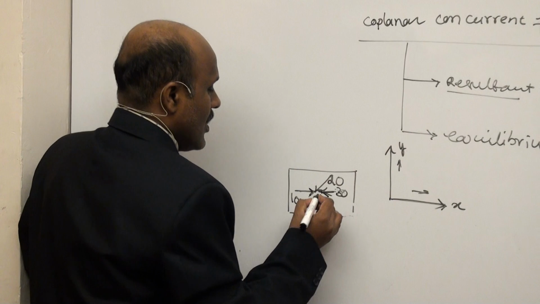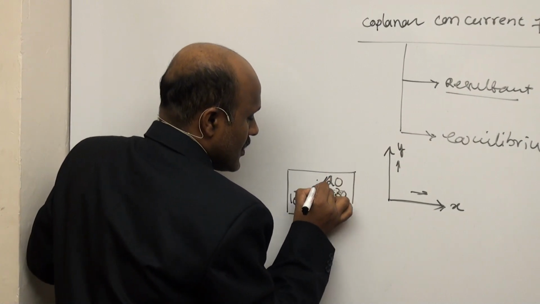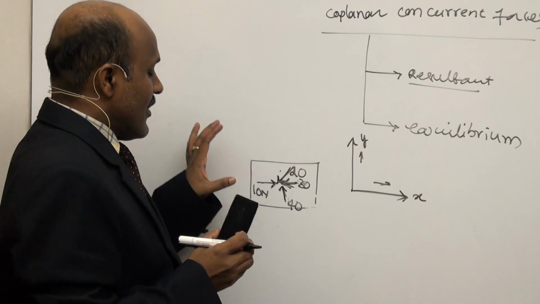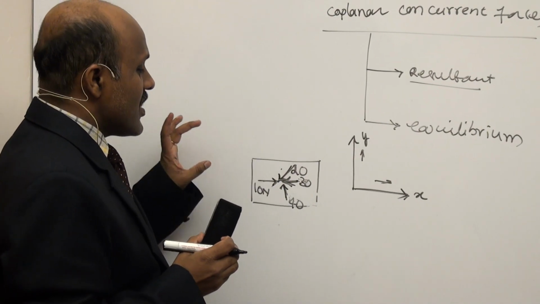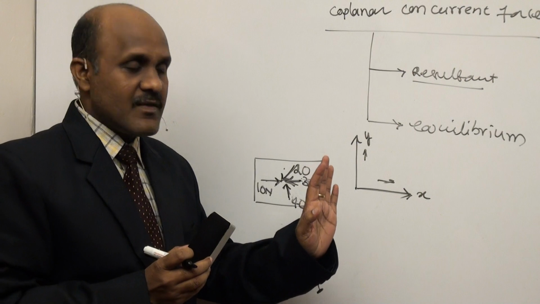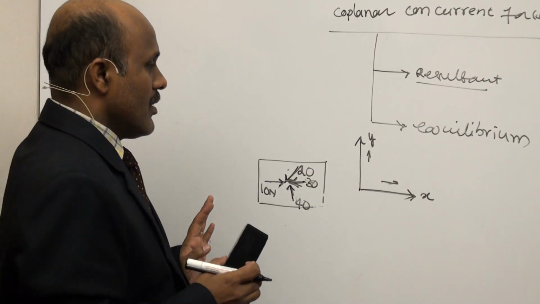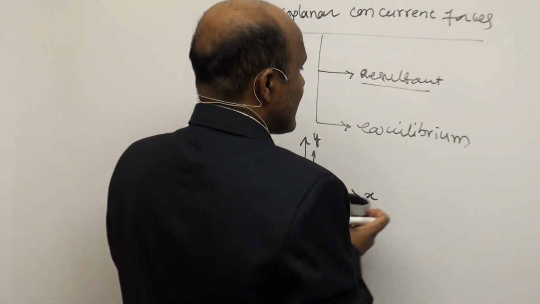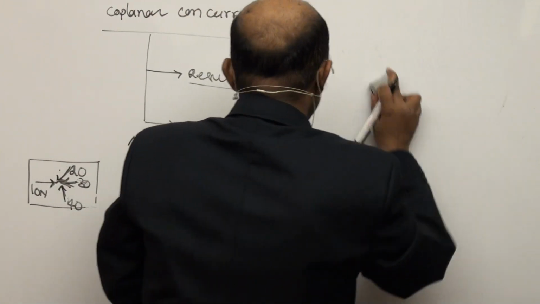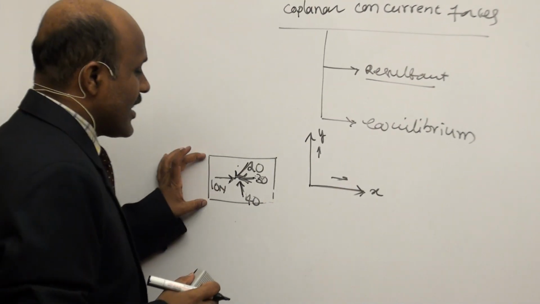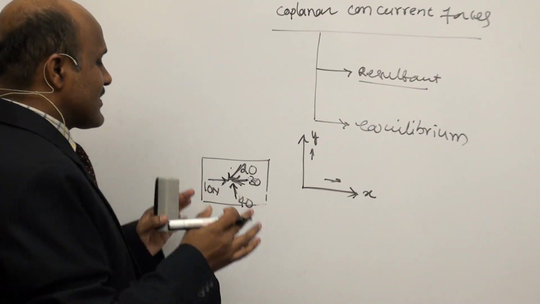So because of coplanar concurrent forces, the body may be moved from one place to another place. That is called translation. Next, another concept is to prevent this translation. If we want to prevent this translation, we must apply a force.